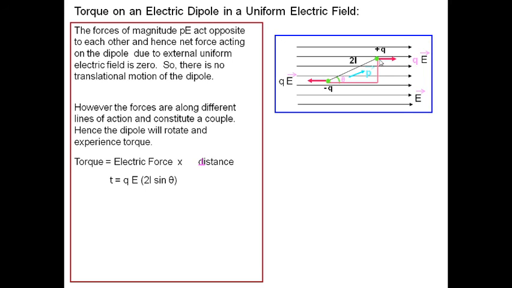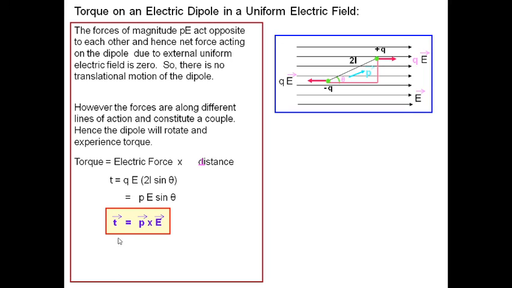In this triangle, the perpendicular distance divided by the hypotenuse 2l is equal to sin theta. So the perpendicular distance is 2l sin theta. So torque is equal to qE 2l sin theta. q into 2l is p, so we get pE sin theta.